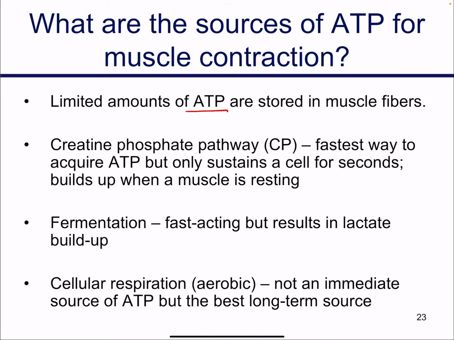Because it takes time to obtain ATP through cellular respiration, the body is not going to mainly rely on that. Well, what the body is going to do, rather than storing ATP as ATP, is store ATP as creatine phosphate.